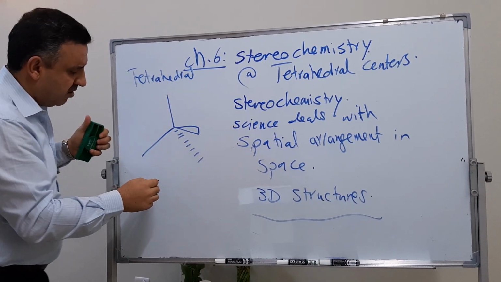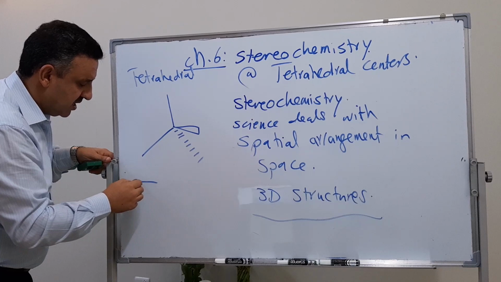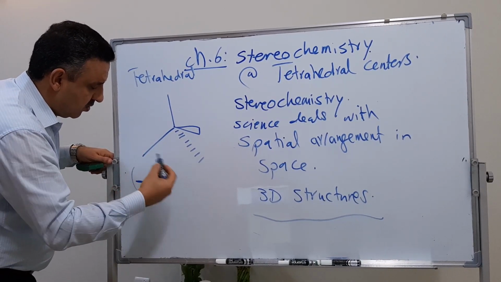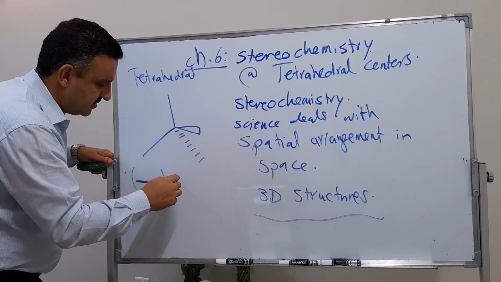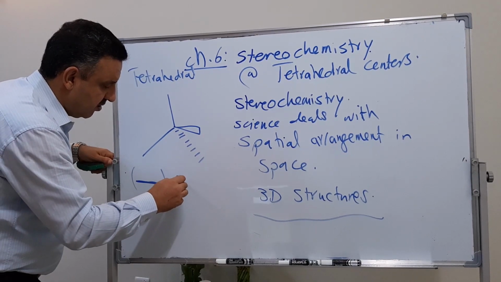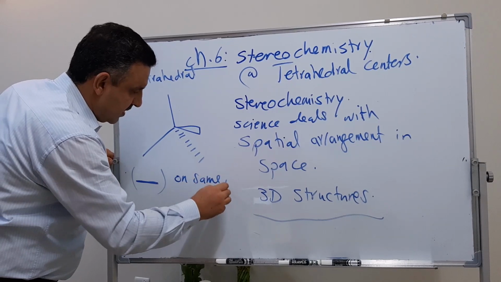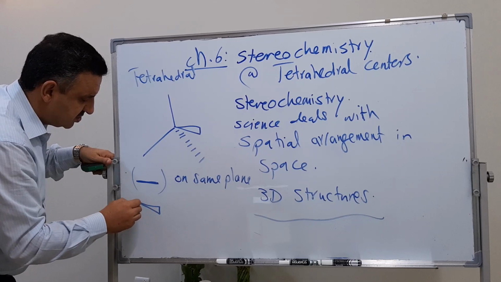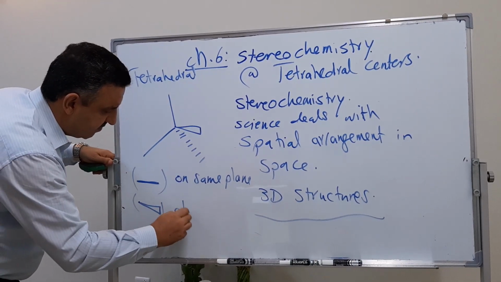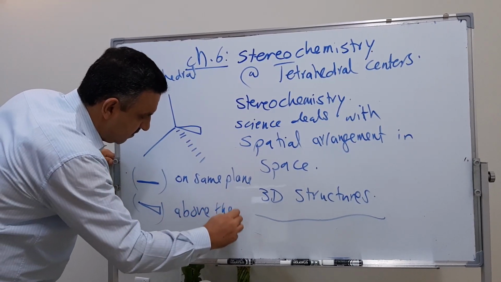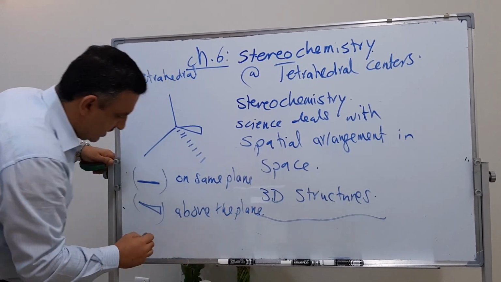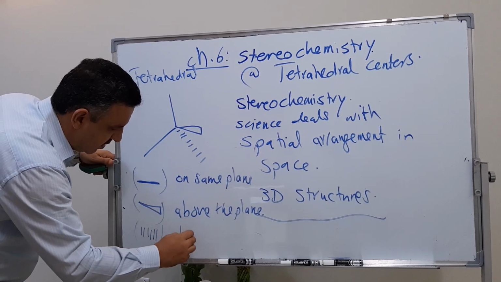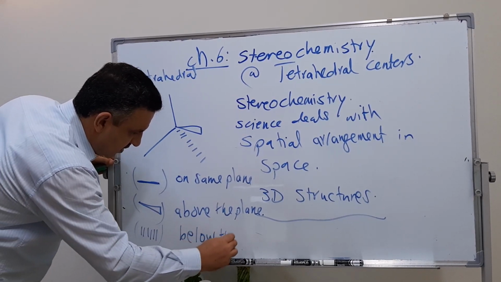The normal line, we should imagine, is on the same plane. And any bond with this shape means it is above the plane, and this one, as we said before, means below the plane.